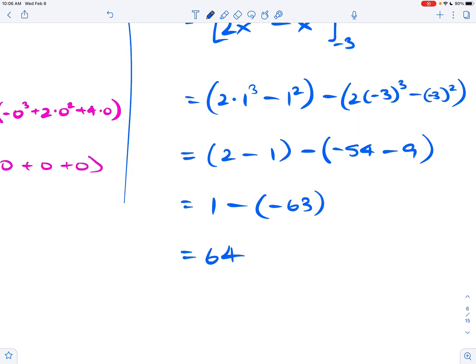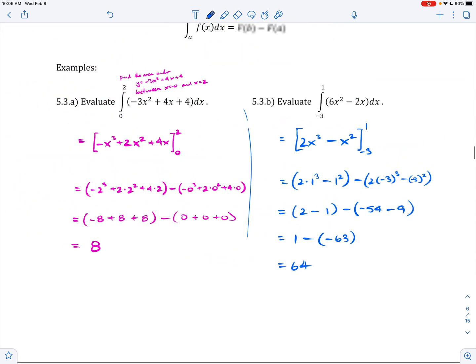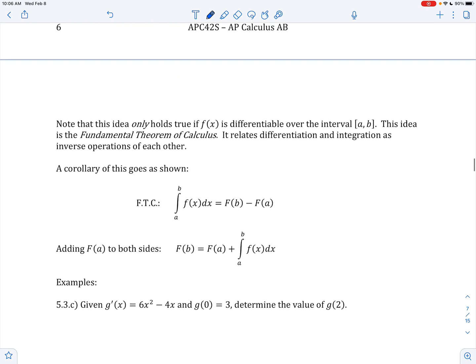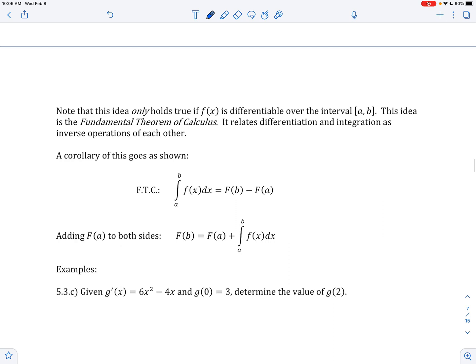And, okay, so then this whole thing is 64. The end of the whole lesson, except for the other page, which is over here. What we've done is use what's called the Fundamental Theorem of Calculus.